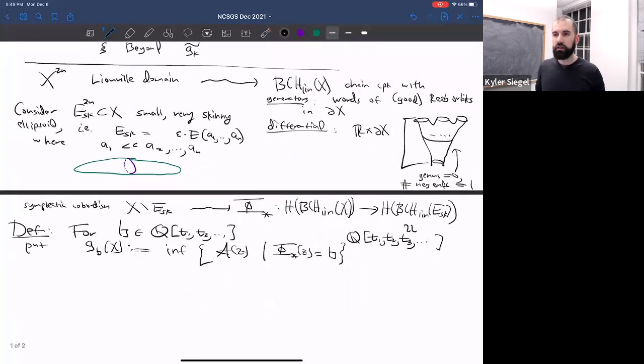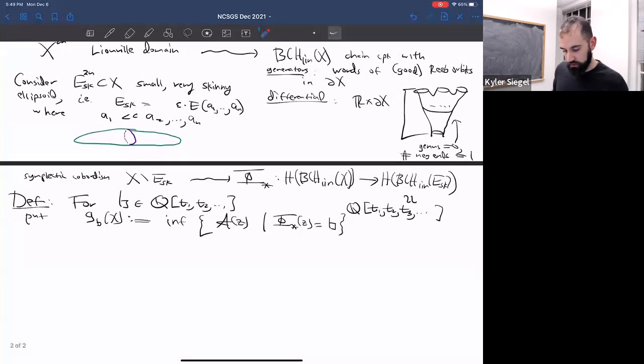So again, just by basic functoriality under cobordism maps, this quantity behaves like a capacity. For example, it's a symplectic invariant of X. It's invariant under symplectic isomorphisms, and it's monotone with respect to equidimensional symplectic embeddings of domains.